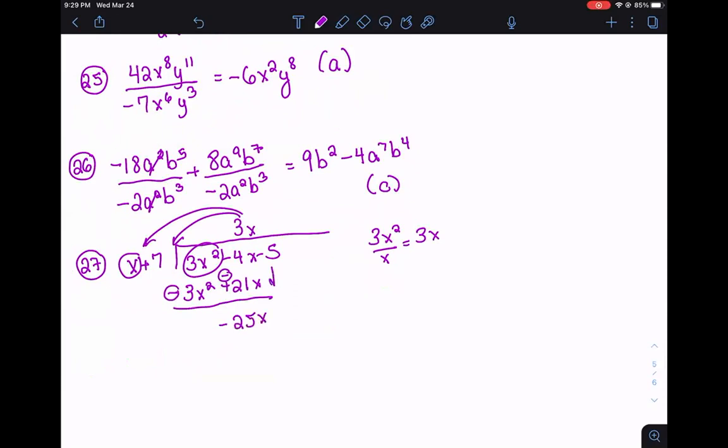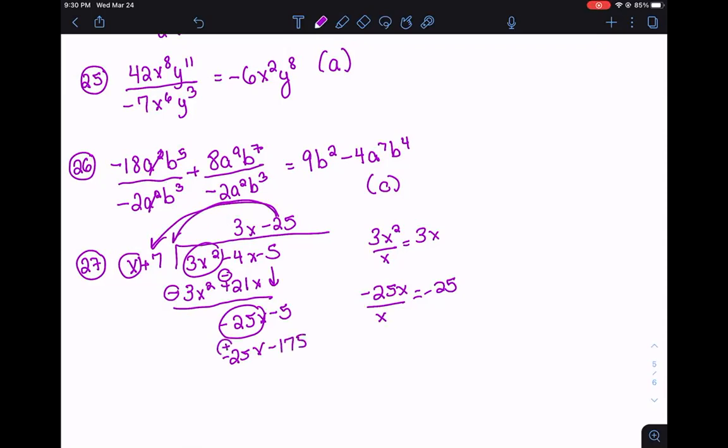Negative 25x, and I'm going to bring down the 5. Negative 5. Negative 25x divided by x is negative 25. Okay, negative 25 times x is negative 25x, which is what we wanted. This is a very large number, negative 175. Okay, negate, negate, and the answer's remainder is 170. So we are going to have 3x minus 25, remainder 170.